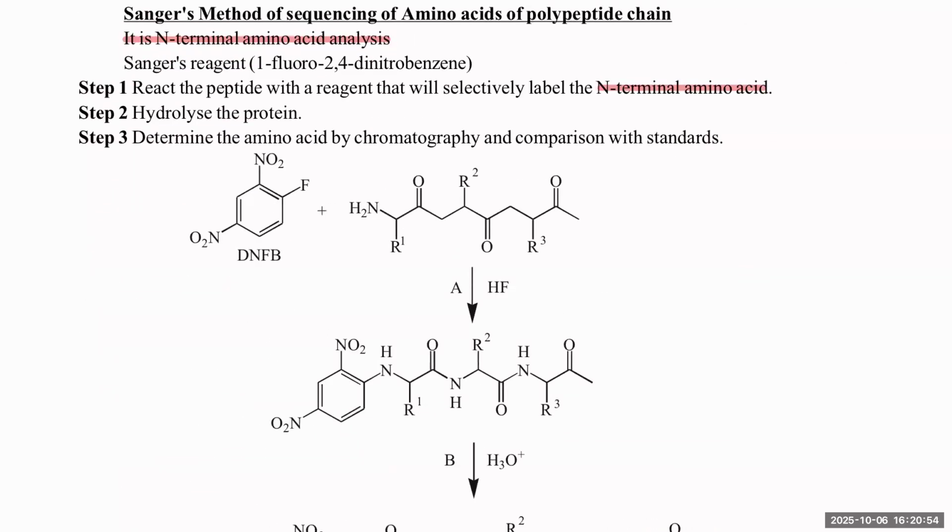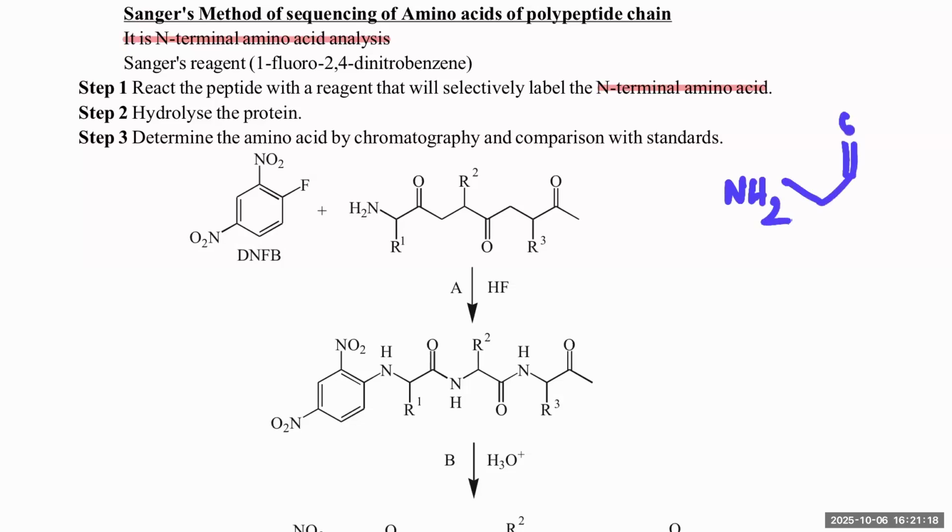Sanger's reagent. Sanger's reagent basically is 1-fluoro-2,4-dinitrobenzene. What would it do? It needs to have an N-terminal amino acid, and the N-terminal has to be NH2. It cannot be secondary.